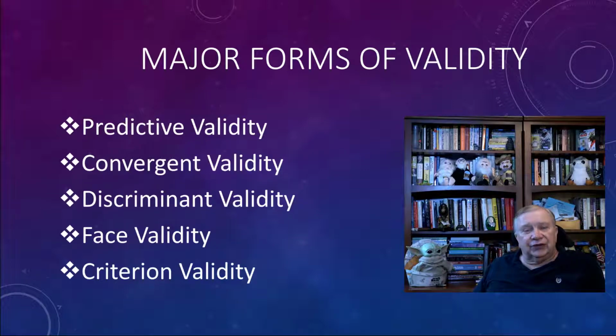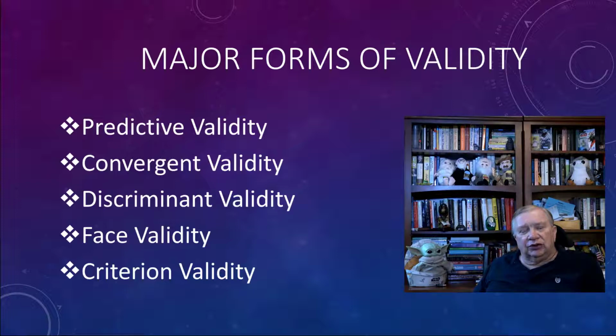So it predicts something. Now the GRE and the SAT are supposed to predict how well you do in graduate school or university in general. And they have a reasonable amount of validity, although a lot of that's been questioned recently, and some institutions are dropping the GRE as an admission requirement and the SAT as well.